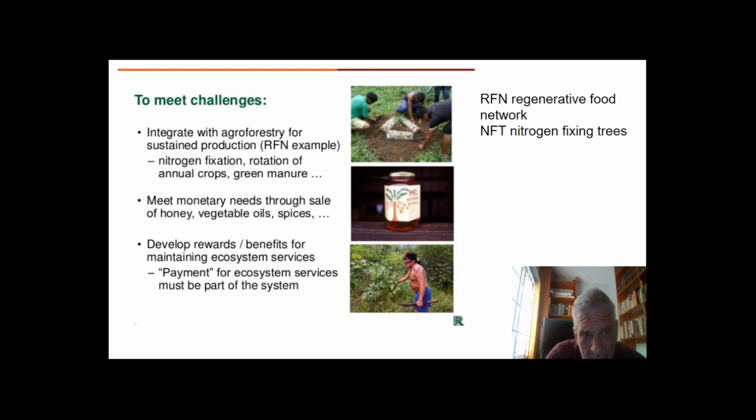To meet challenges, we can integrate with agroforestry for sustained production. This mentions the RFN example. RFN basically stands for regenerative food network, where land which has been destroyed, we can try and regenerate it.